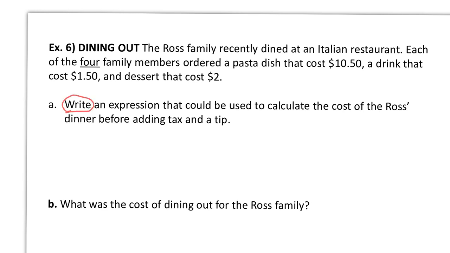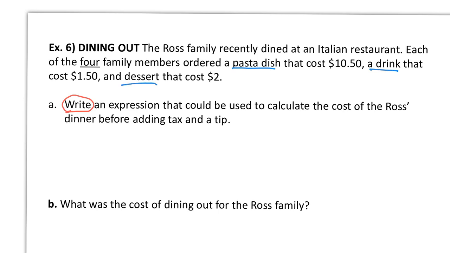First of all, we need to set up our variables. We need variables. So you guys can use X, Y, you guys can use M, P, A. Now remember that you have to understand the problem. So let's go back and understand what they're talking about. We know that those 4 people, they order a pasta dish, a drink, and a dessert.